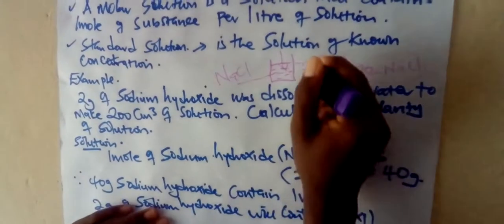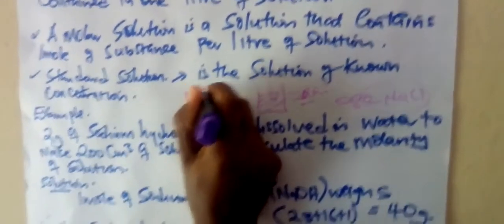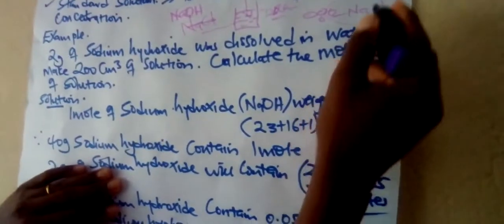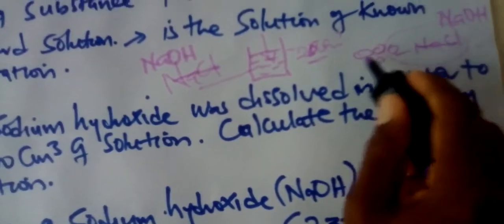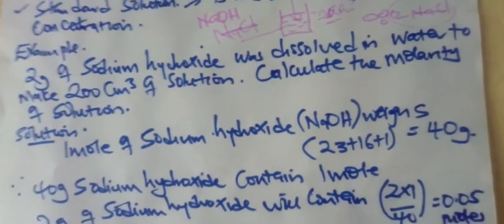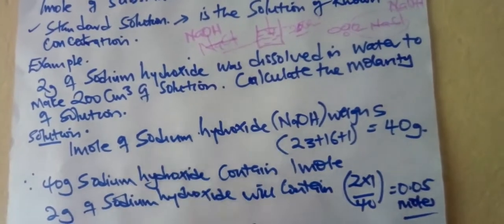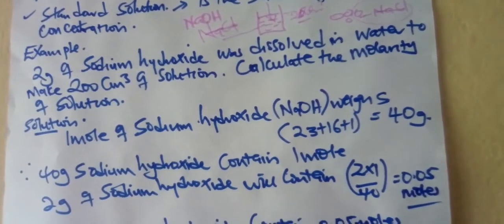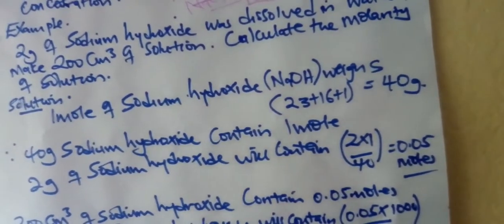So this is 200, and this is sodium hydroxide, 2 grams dissolved in water, 200 centimeters cubed, and you get a solution. Find the molarity. Step 1.